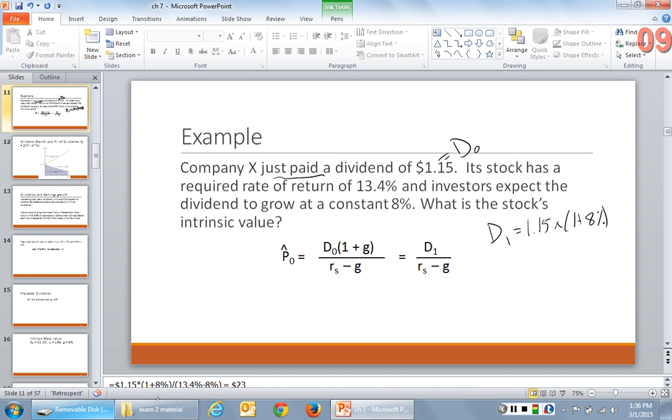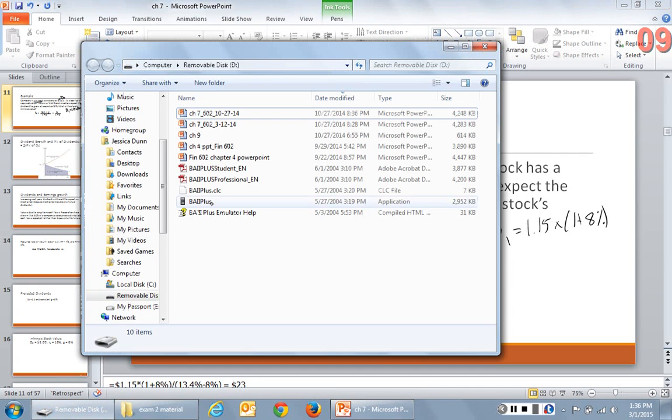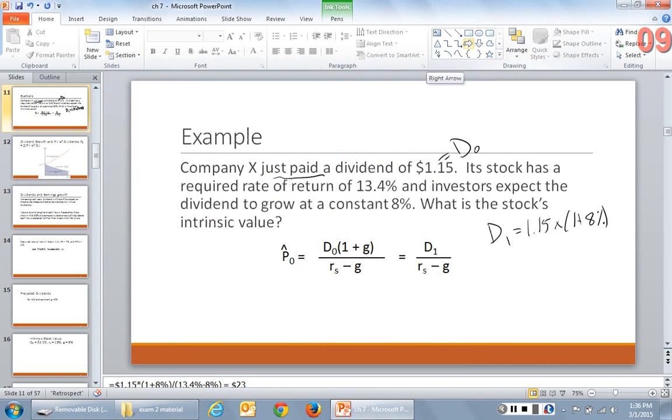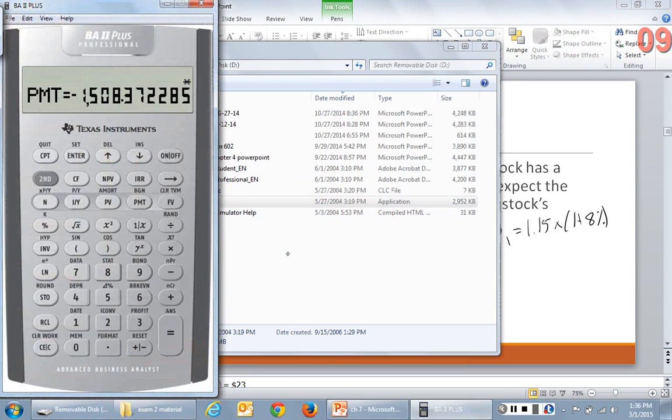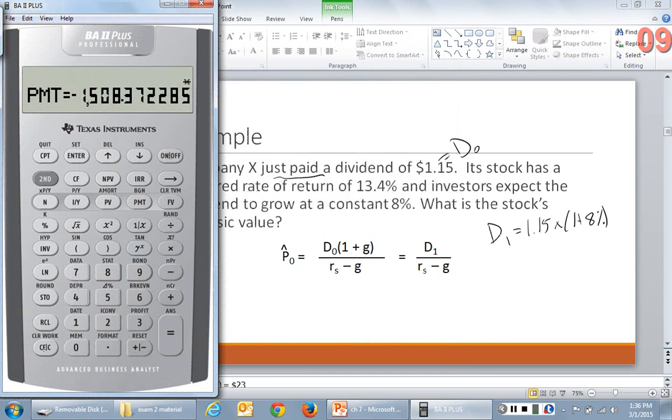So pull out my calculator. Okay, there it is. It's 1.15 times 1.08 to give us 1.242 is the next payable dividend.